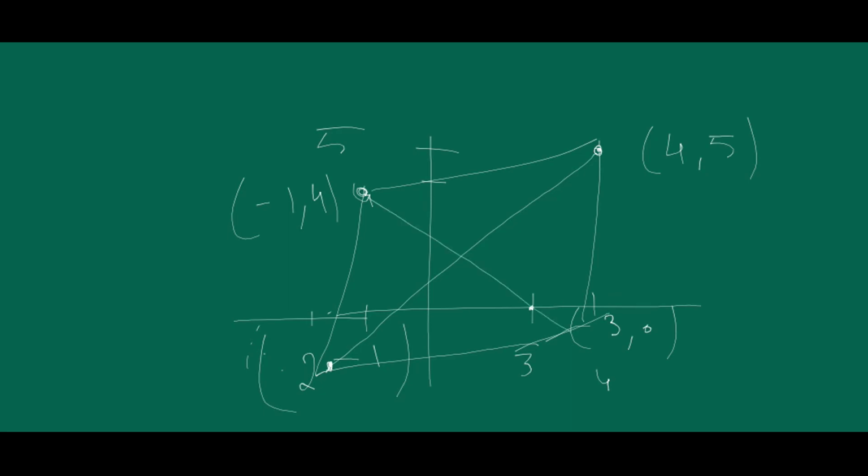Okay, how do I calculate the distance? We calculate distance using the distance formula. Now the approach for the solution would be: I calculate the distance between these 2 points and then the distance between these 2 points. I will get some distance and then I will take half of that distance. Okay, I'll get some length.